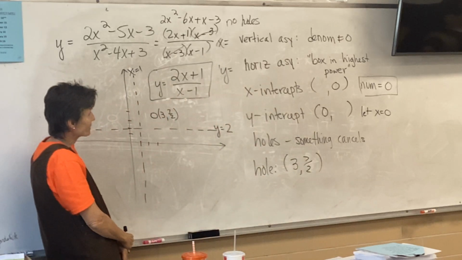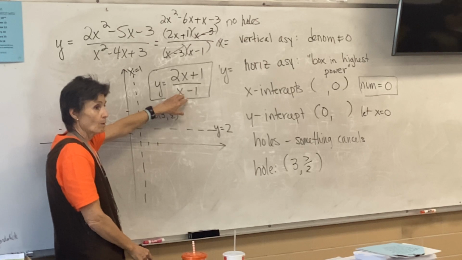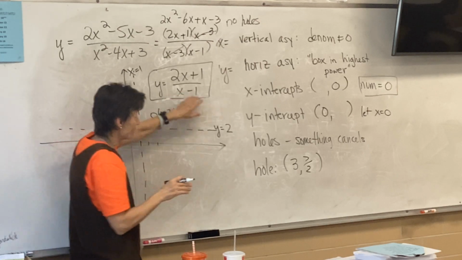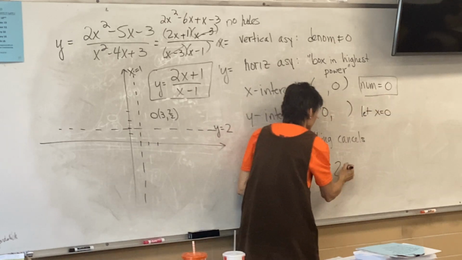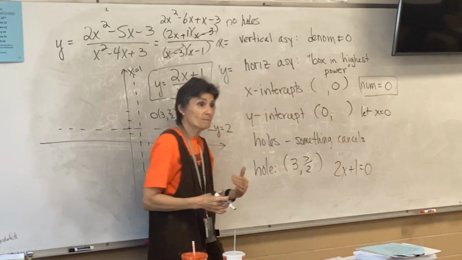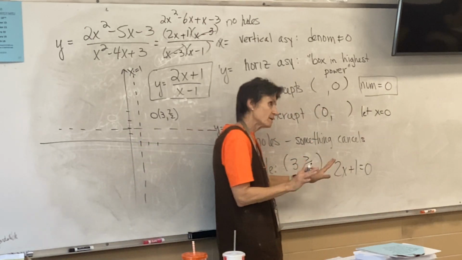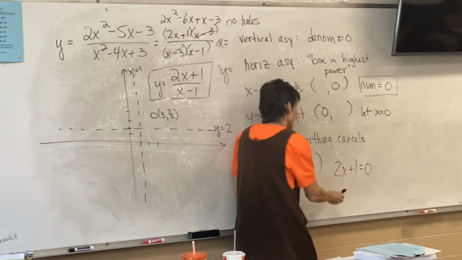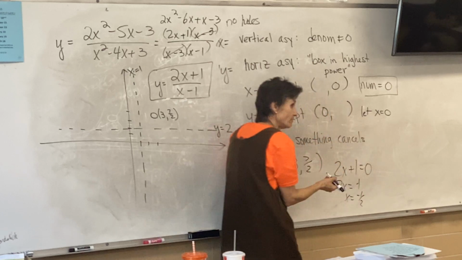Do I have an x-intercept in this problem? Well, where do they come from? How do you get x-intercepts? So take your numerator and set it equal to 0. Now our other problems, we could do that in our head, but when you start putting 2's in there, it might be confusing. So 2x equals -1, so it looks like it's going to be -1/2.